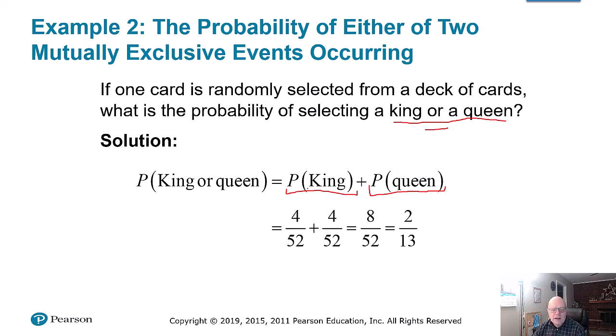The king, there's your probability because there are 4 kings in a deck. The probability of 4 queens, or of 1 being a queen, 4 queens, 52 cards. Just add those 2 together since they can't happen at the same time. And from here to here, all you're doing is reducing that fraction.